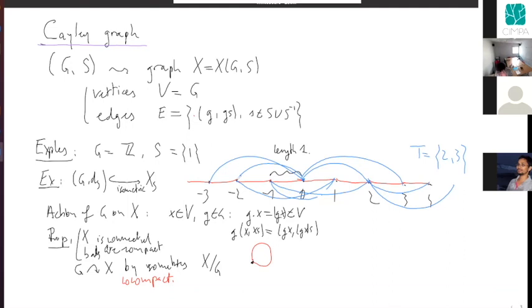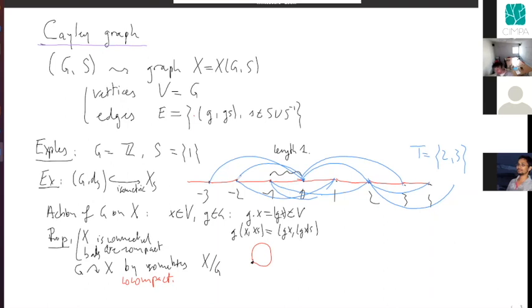And so what I would like to do before the end of this lecture is try to see how we can understand the structure of the Cayley graph, and can we get rid of this dependence one way or another? How can we look at all the Cayley graphs of a given group without being too specific?